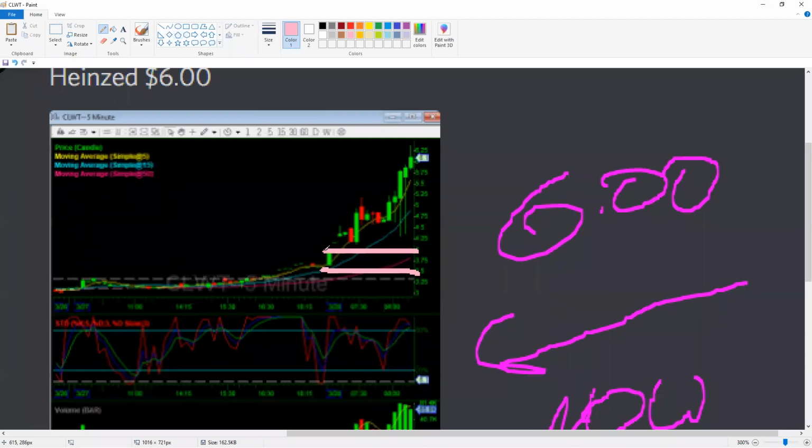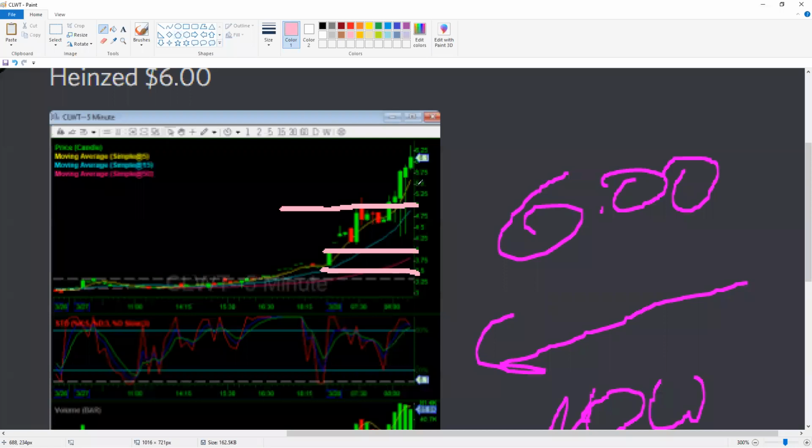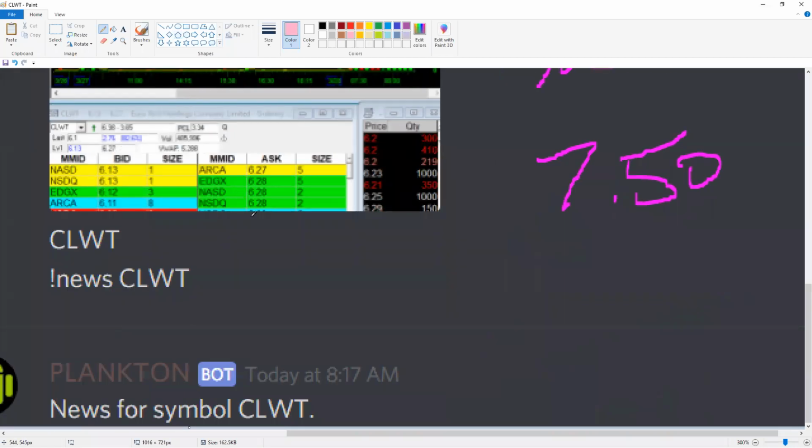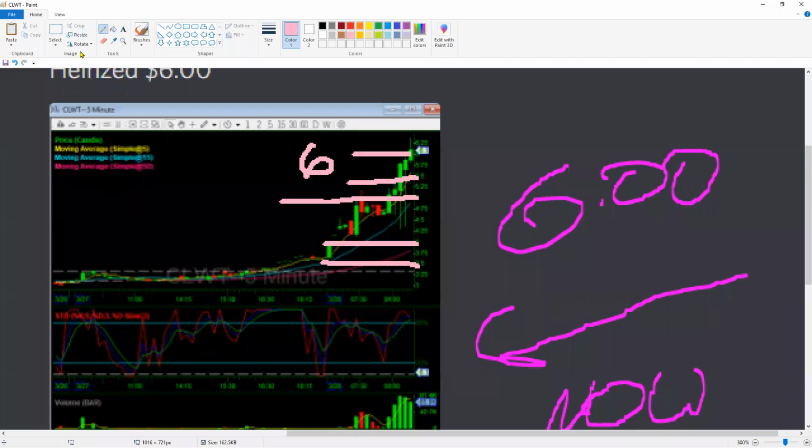This is $4. This is $5. We got it at $6. So this is $5.50. This is $6. It went to $7.50.